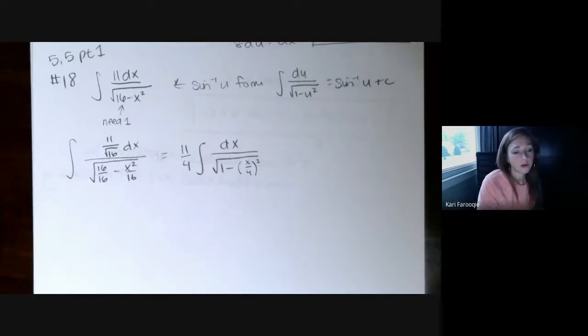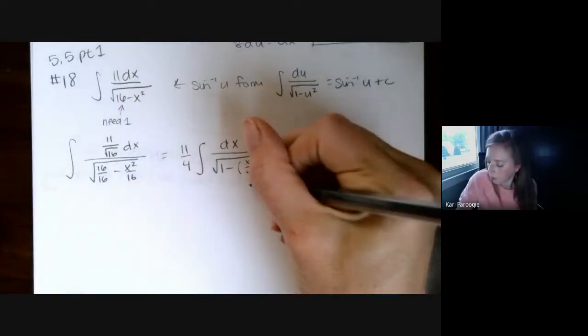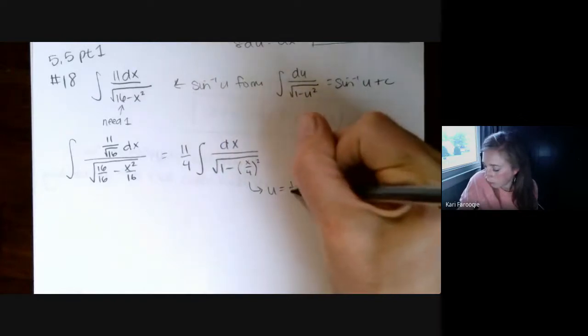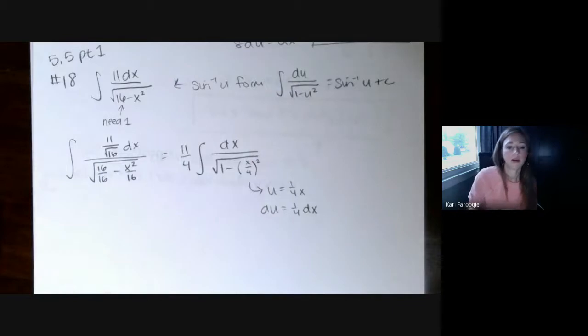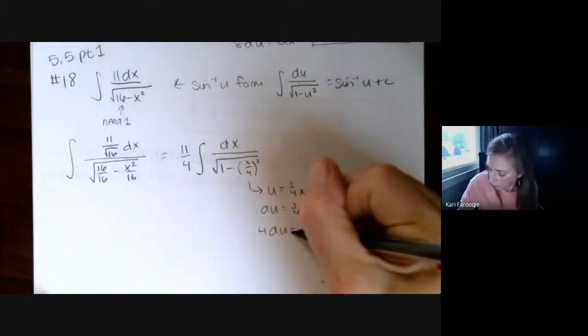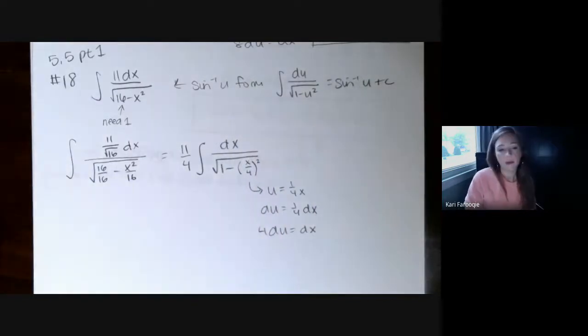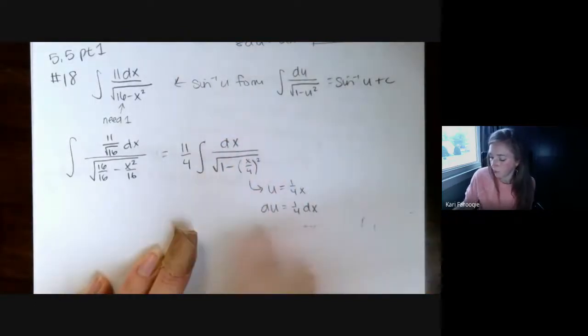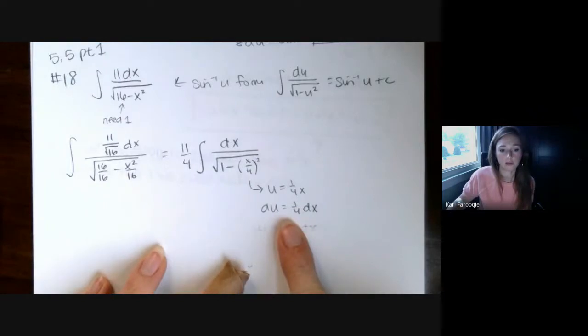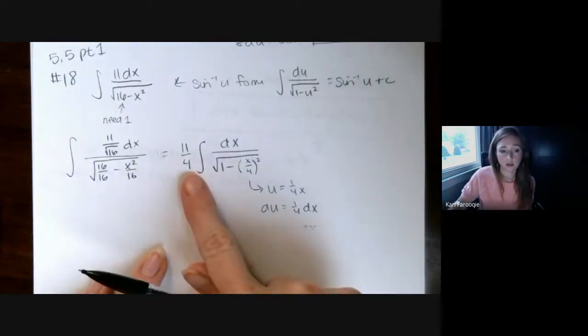And now you are all set to do your u substitution here for your inverse sine. You're going to let u be 1/4 x, and du is 1/4 dx. 4 du is dx. And I was saying yesterday, and since it was in class, I didn't do it, but if you want, when you get 1/4 dx, you technically have 11/4 dx.